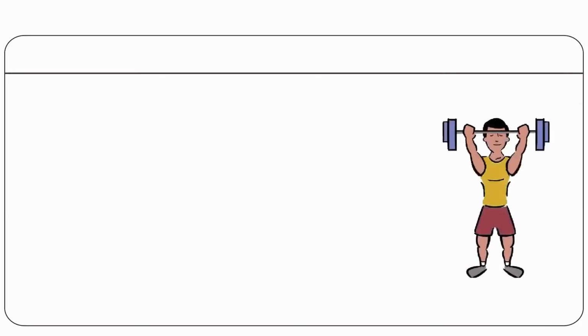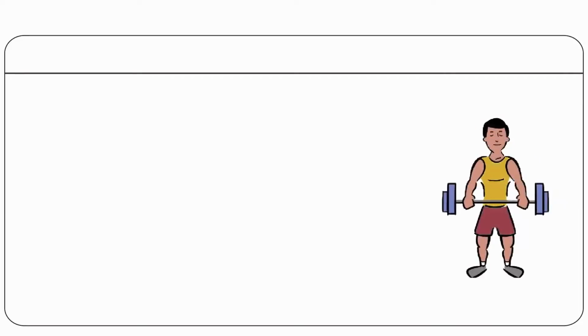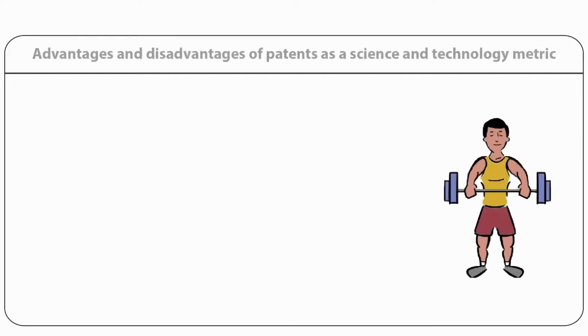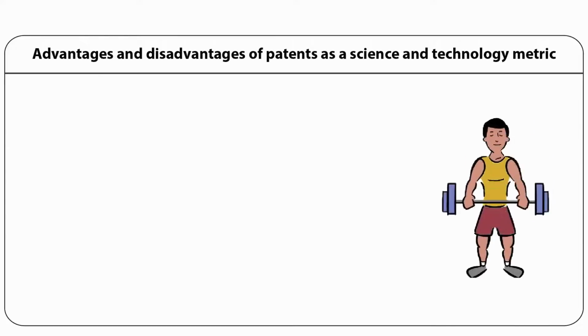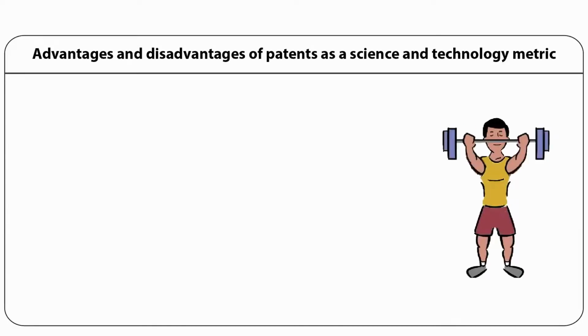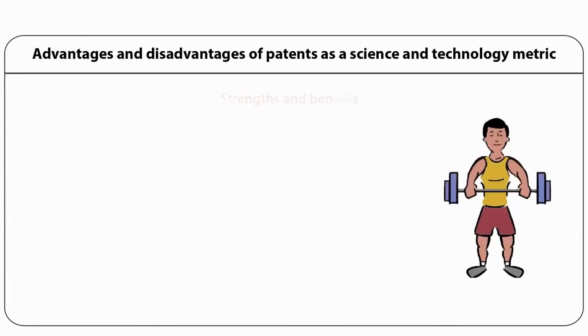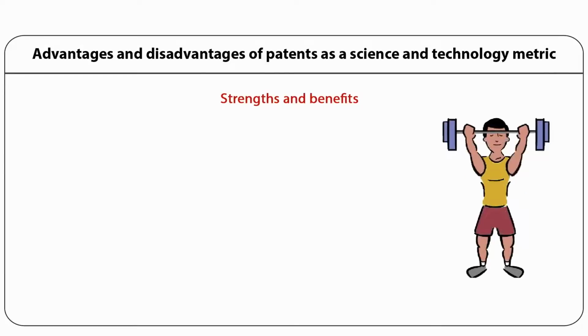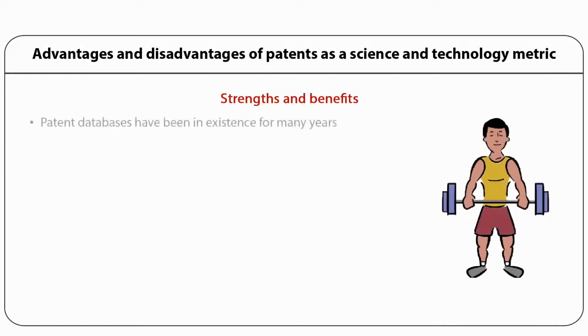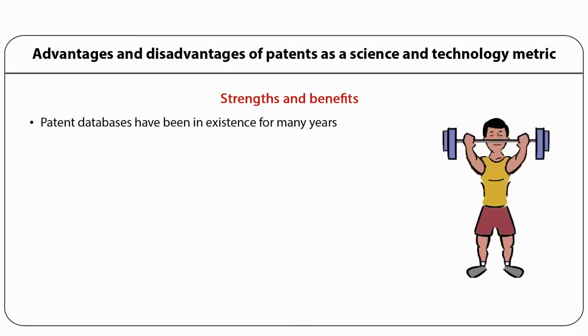Friends, it is now time to look at the advantages and disadvantages of patent as a technological indicator. Here I have given the table to highlight the strengths and benefits of a patent as a technological indicator. Patent databases have been in existence for many years.